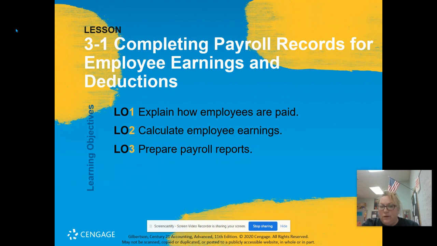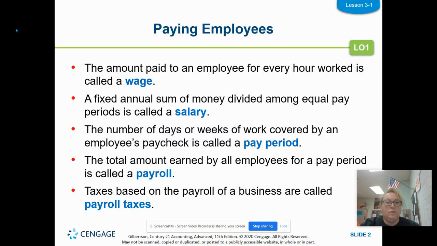So this should, for the most part, be a review, but we're going to go through it real quick again. We're going to see how employees are paid, calculate their earnings, and prepare some payroll reports, and then I'm going to walk you through those steps when we get to the work-togethers.